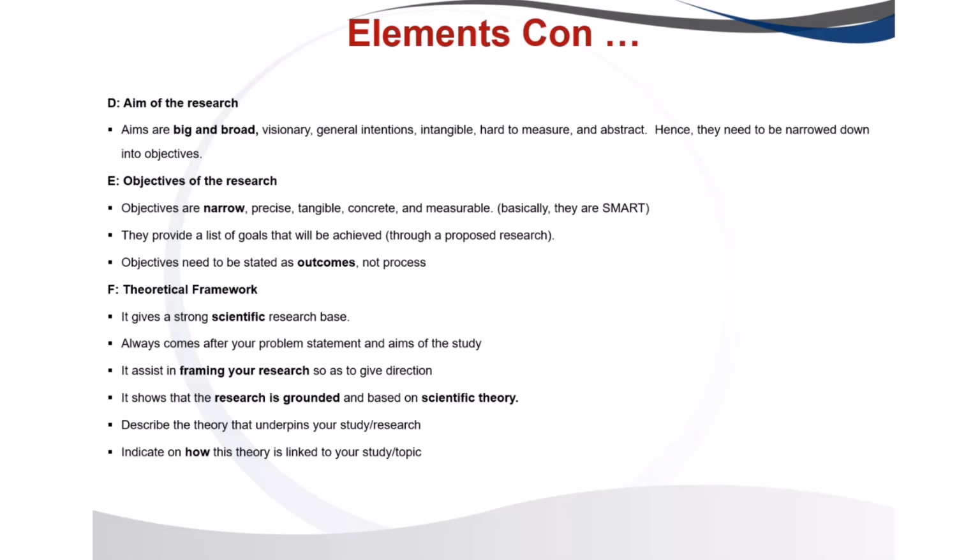I think I'm just playing around with that. But basically, at the end of the day, objectives are actionable, okay? If I can put it that way. And remember that for you to have objectives, they must be based on the aim. And you always put them in point form.